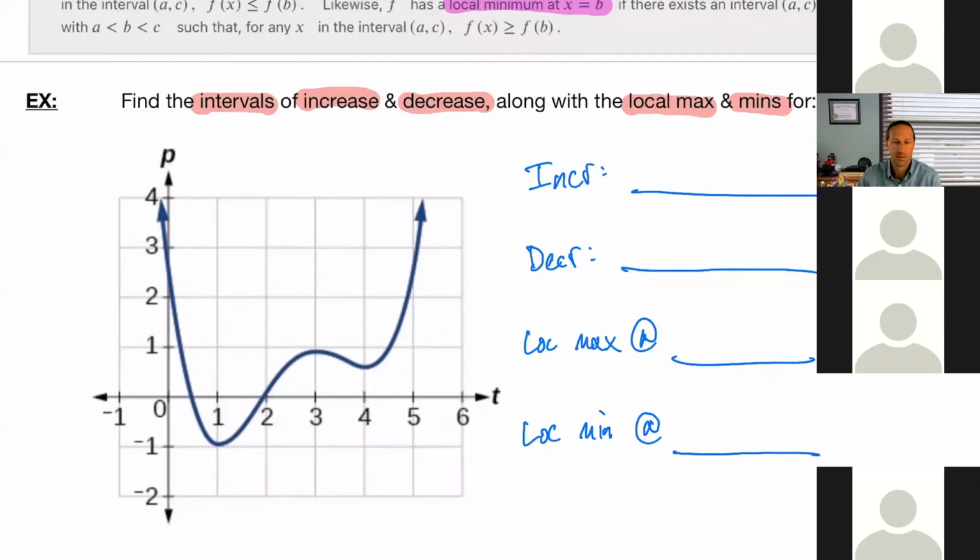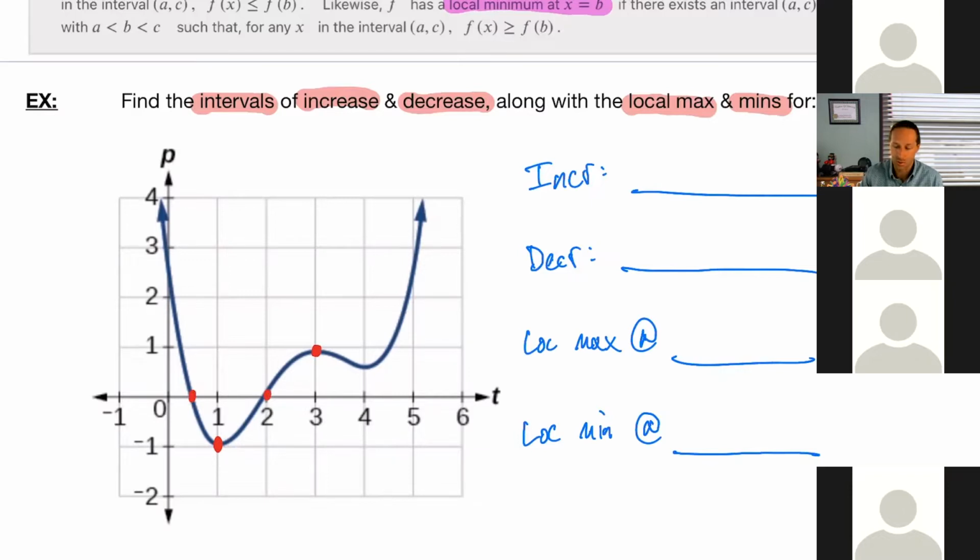The lowest point is at (1, -1). The highest point is at (3, 1). And then the x-intercepts at (2, 0) and (1/2, 0). Very good, Will. You're very close.